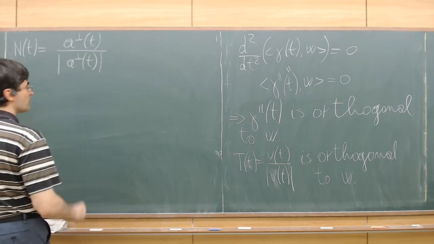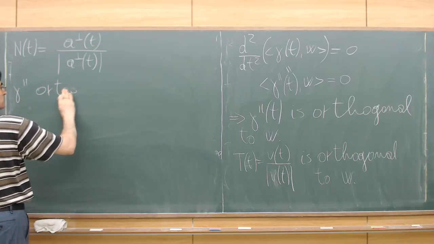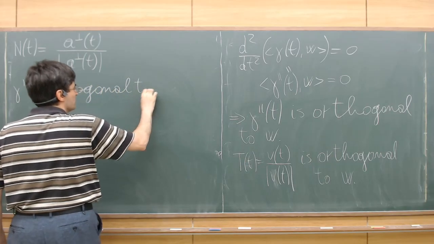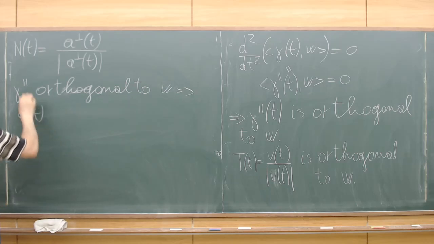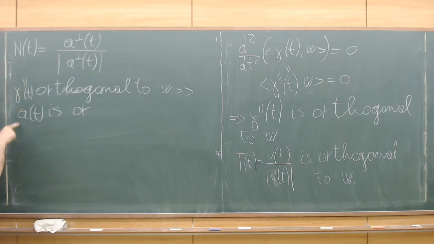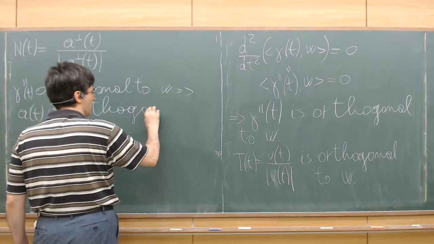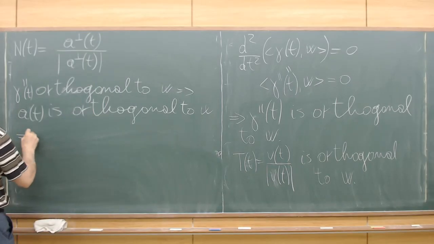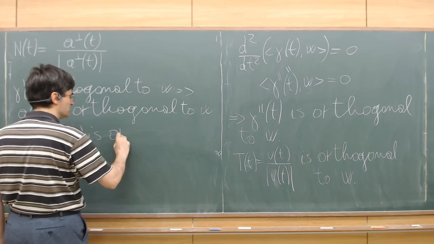So gamma second orthogonal to w implies that the acceleration A(t) is also orthogonal to w, because A(t) is orthogonal to this one. And this implies that A orthogonal(t) is orthogonal to w.